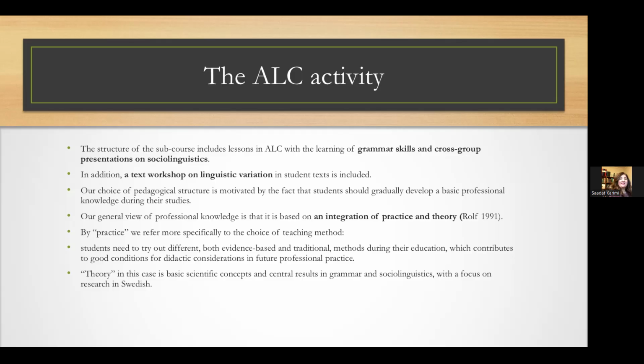Theory, with this term, we refer in this case to basic scientific concepts and the central results in grammar and sociolinguistics, with a focus on research in Swedish.